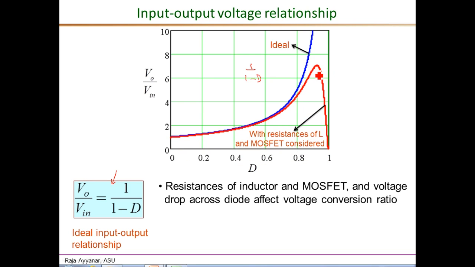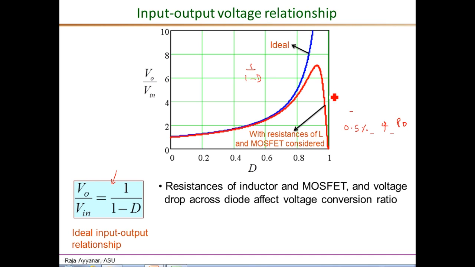So for example, this red waveform is Vo over Vin as a function of D, considering the resistances of the inductor and the MOSFET. I think in this example I consider the losses in these resistances to be about 0.5% of the output power, a typical value.